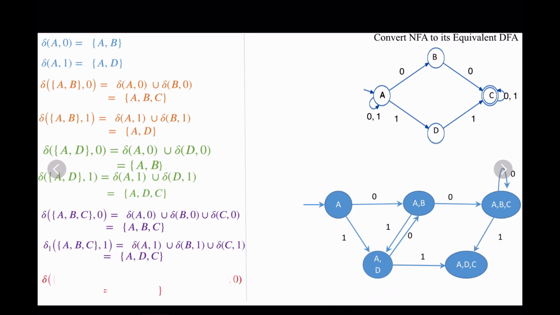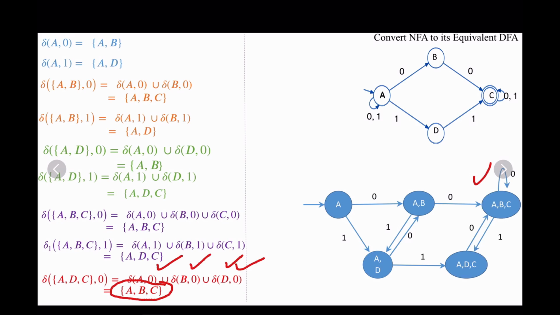What is the next one? ADC. ABC is over on 0 and 1. ADC on 0, similar to the previous steps, splits like this: the transitions for A on 0, B on 0 and C on 0 give ABC. So ADC on 0 goes to ABC.